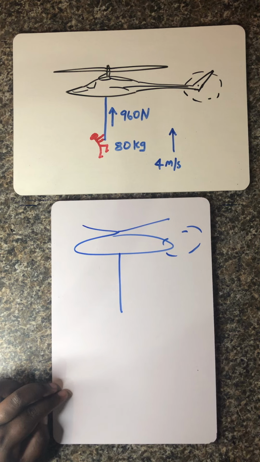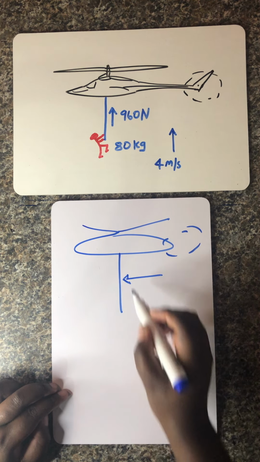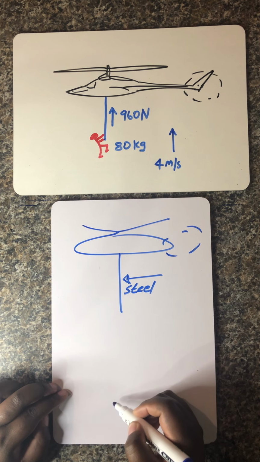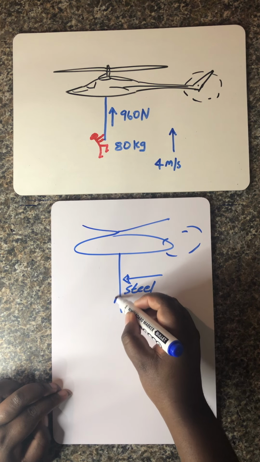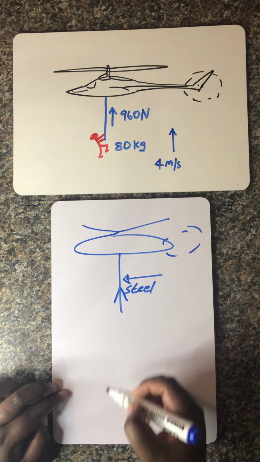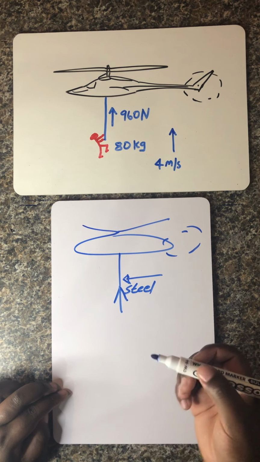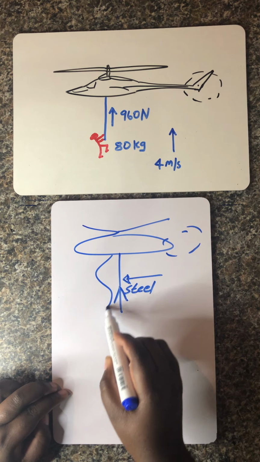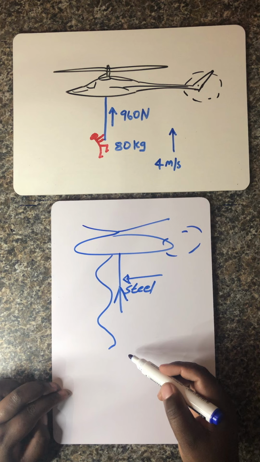If this is a cable, for example, let's just say it's steel, it's just vertically moving upwards, unlike if it was a rope. A rope can be bending somehow as a result of wind.